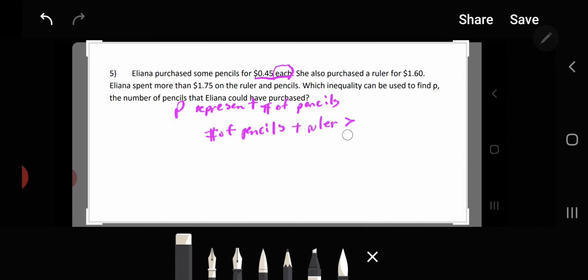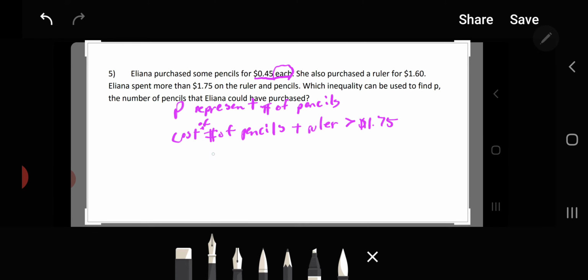It tells us she spent more than $1.75. Okay, well, not just number of pencils. P represents number of pencils, but we need the cost of the number of pencils.